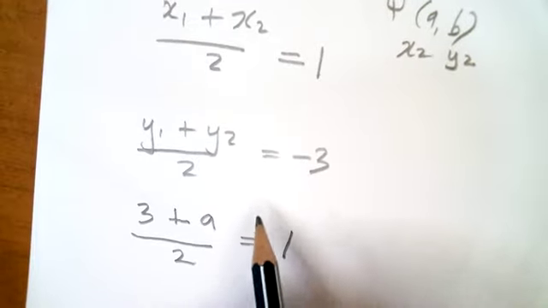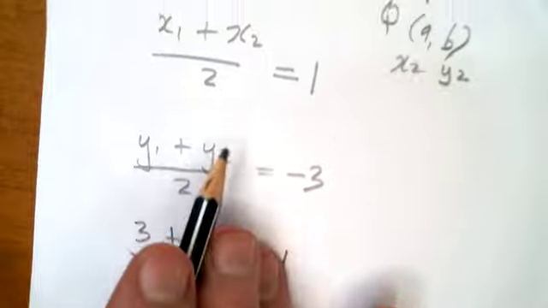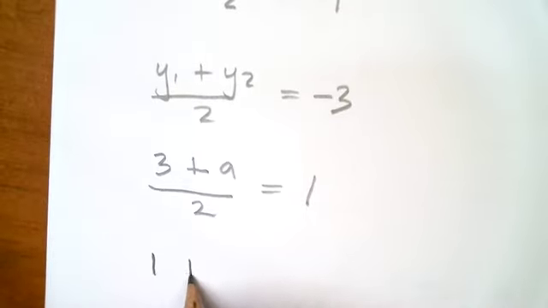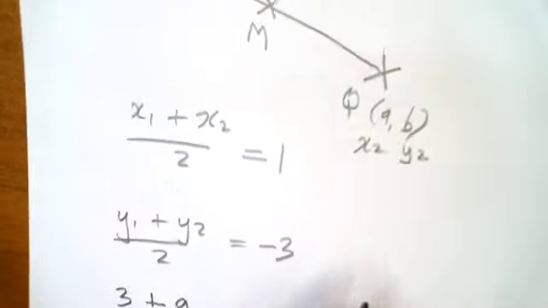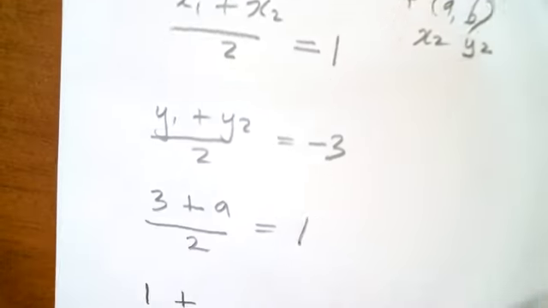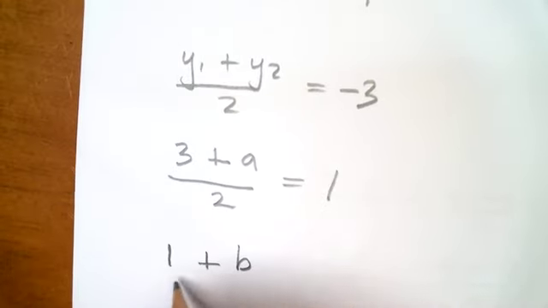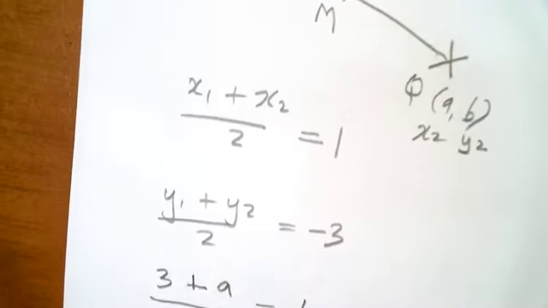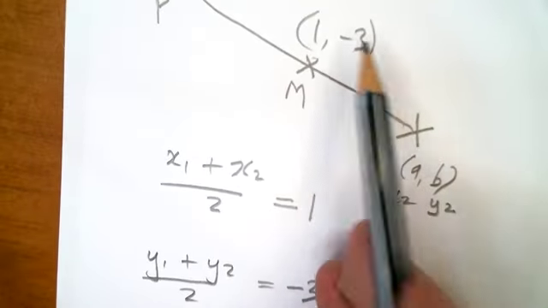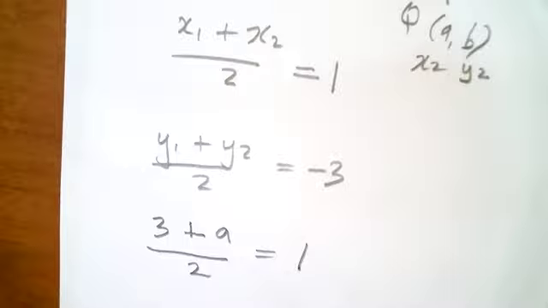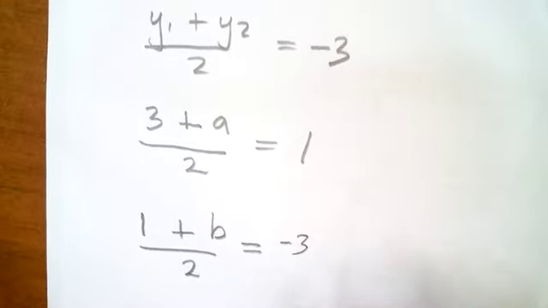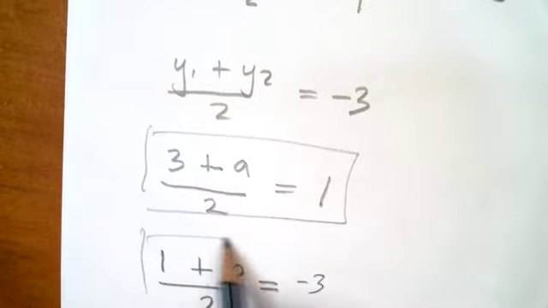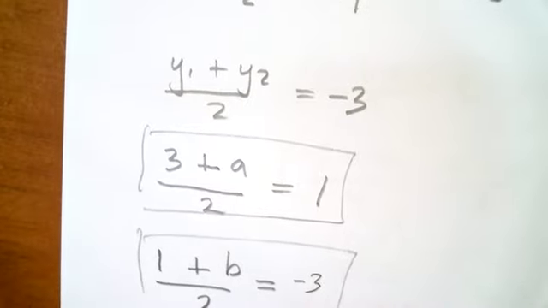And let's do the other one as well, the y1. My y1 is a 1. My y1 was a 1 plus B, which is y2, over 2 is equal to the y value of the midpoint, which is -3. So these are the two bits here that we're going to go ahead and solve now for A.